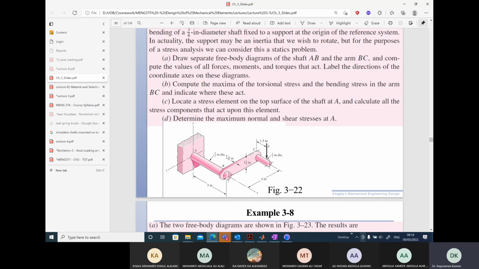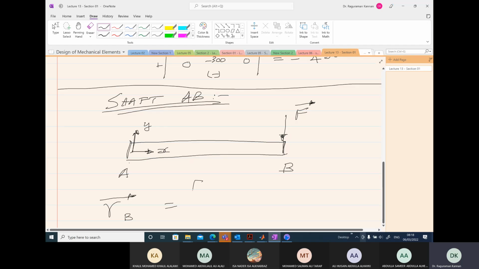So X is equal to 5, Y is 0, Z is 0. So now, with respect to B, I need to get the location of the force F.